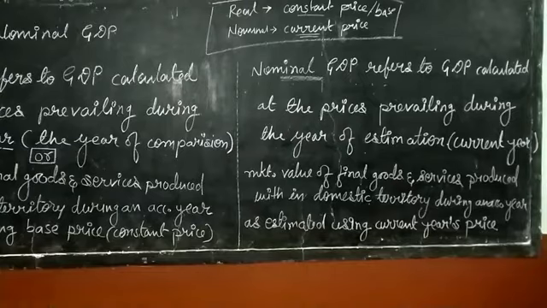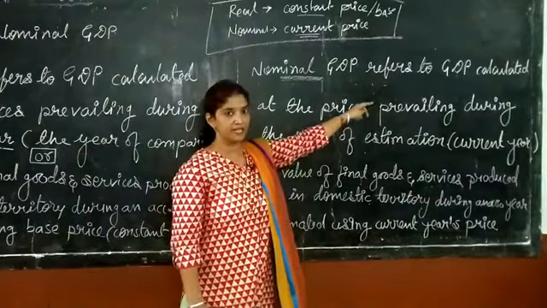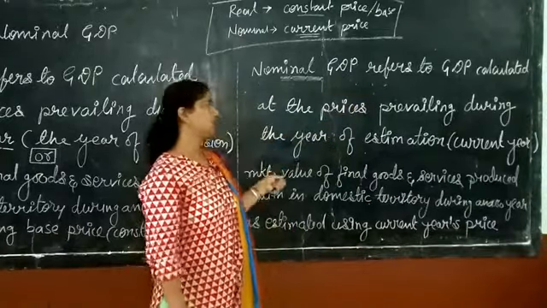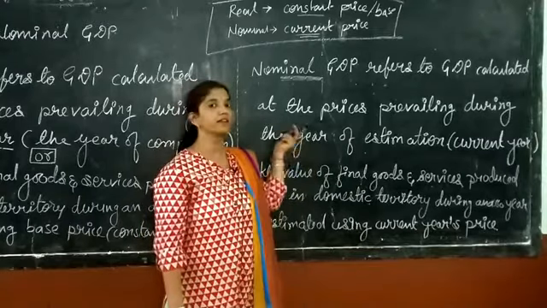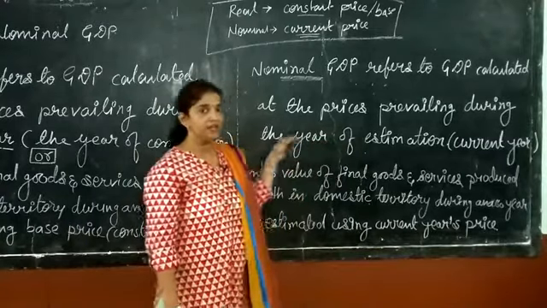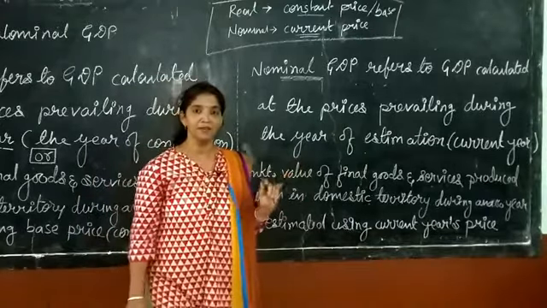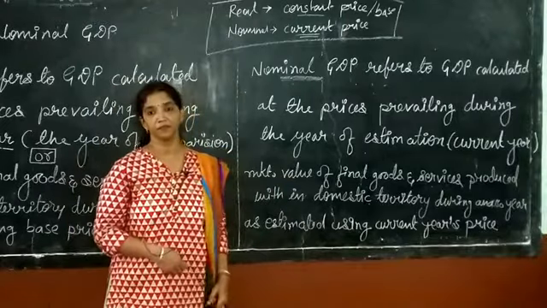Nominal GDP refers to the GDP which is estimated at the prices prevailing during the year of estimation, and this year is known as the current year. It means when we are talking about nominal GDP, we estimate the income at current prices.